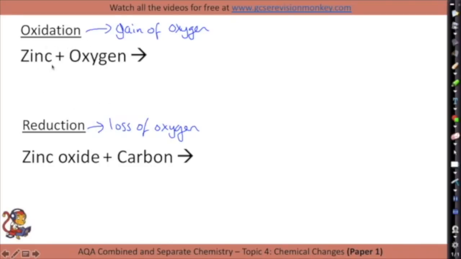So in this one, zinc reacts with oxygen, and zinc gains oxygen, so it forms zinc oxide. And in terms of reduction this time, it means the loss of oxygen. So this time, zinc oxide would lose its oxygen, so you'd make zinc plus carbon dioxide.